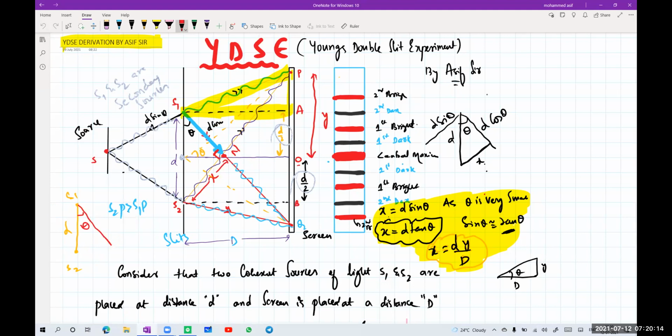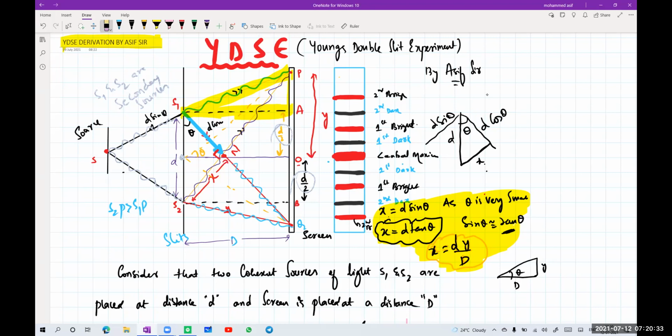So what is there in the YDSE experiment, beta? We have a parent source, which is S, and in front of that we keep a cardboard with pinholes, which act as the sources S1 and S2.